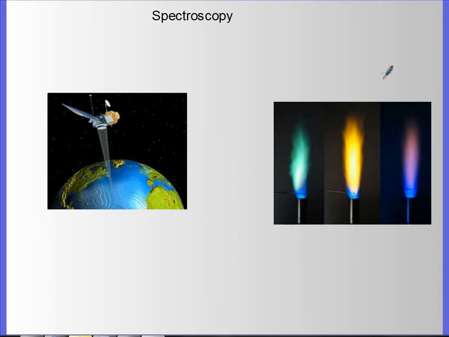Now, spectroscopy, can't say it, is the science of using these changes in energy levels to determine what an element is. Each of these are different elements. And because as they change energy levels, they give off different frequencies, they give off different colors, we can determine what the elements are based on the colors they burn.